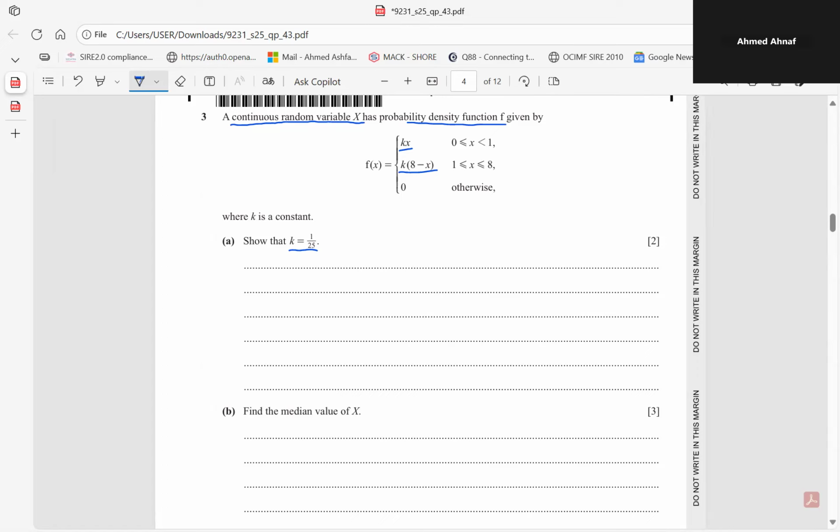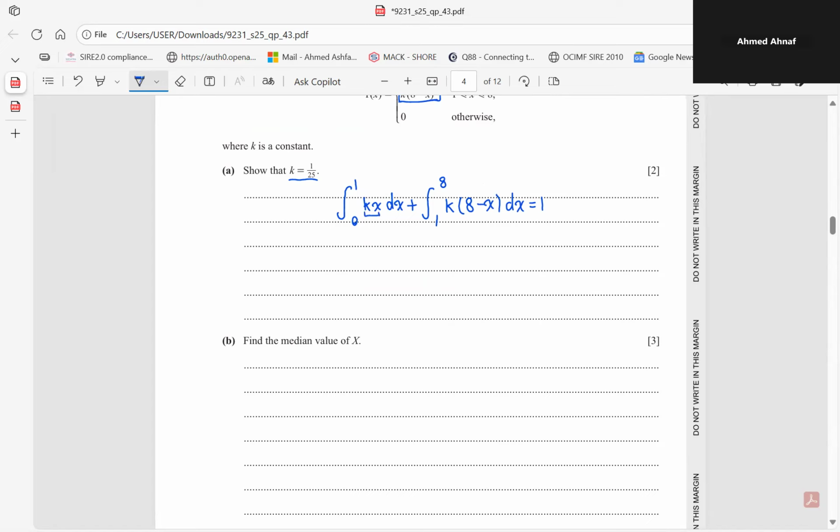So if you take the area of the whole graph for all the values of x, you'll obviously get 1. So let's find the area for this first. So just integrate from 0 to 1, kx dx, and then obviously plus the area under this part. Since it's from 1 to 8, the limits will be 1, 8, k times 8 minus x dx equals 1.